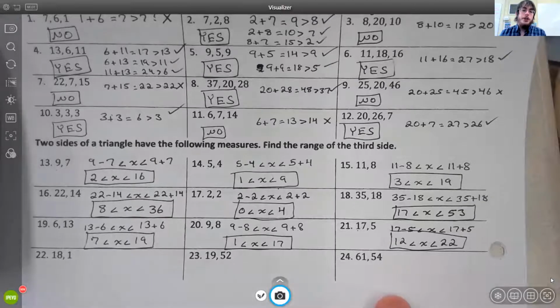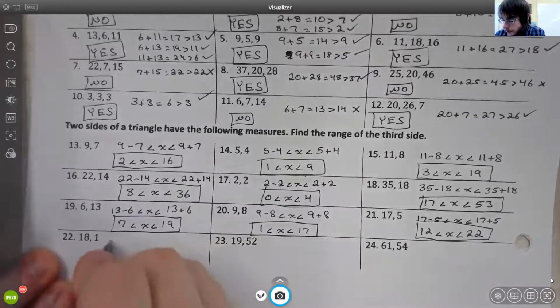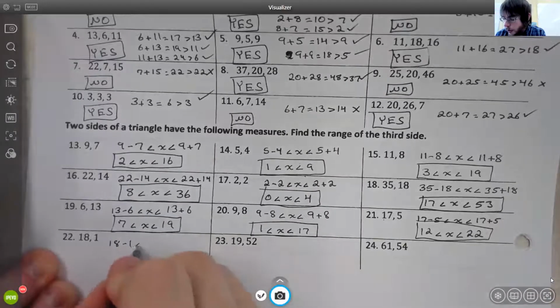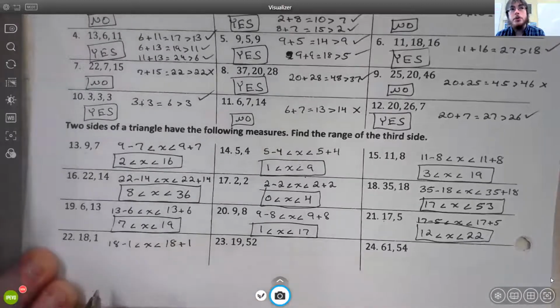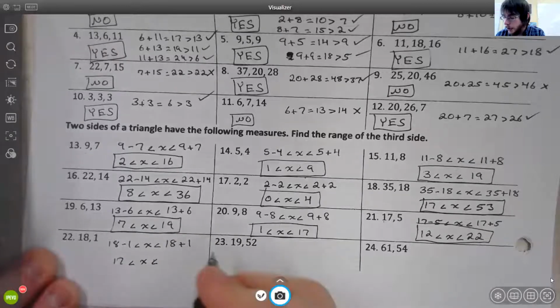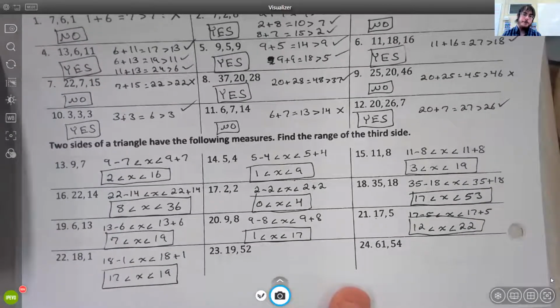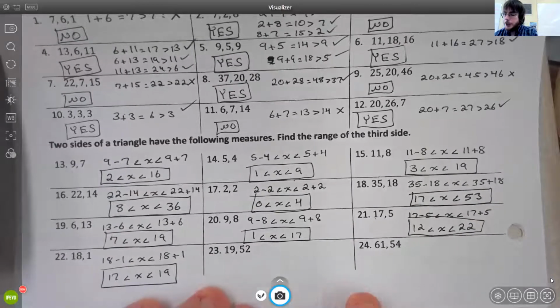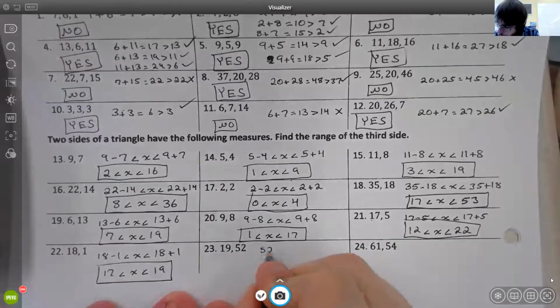All right, number 22, we have 18 and 1. So we're going to take 18 and subtract 1, and then we're going to take 18 and add 1. 18 minus 1 is 17, less than x, less than, and then 18 plus 1 is 19. So x has to be between 17 and 19. Number 23, 19 and 52. So we're going to take 52 and subtract 19.